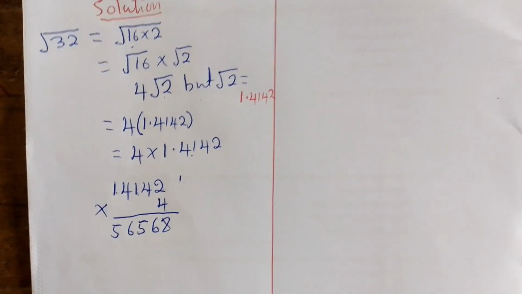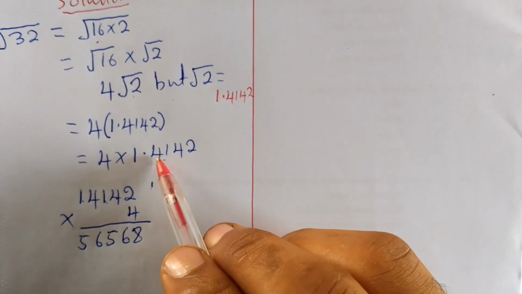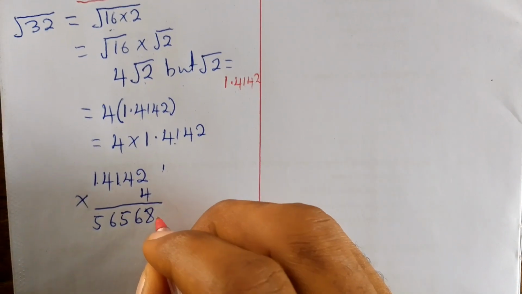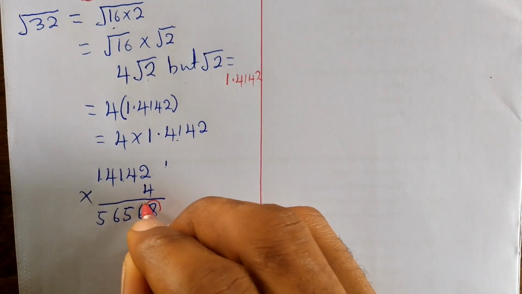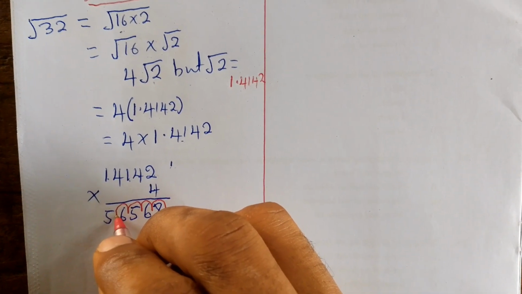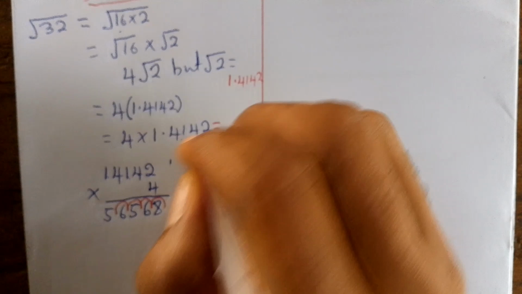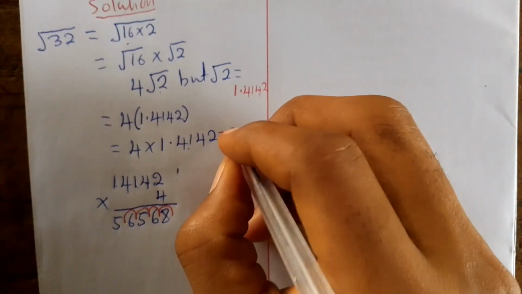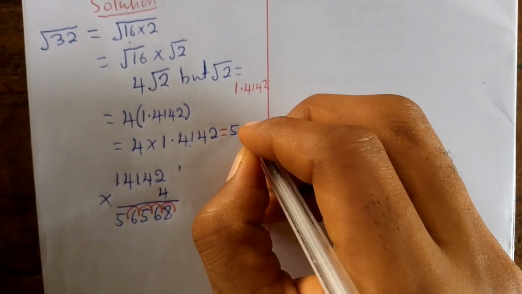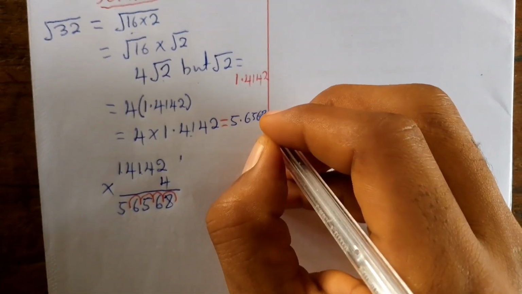Now you realize that after the decimal point, I am having 4 numbers or 4 places: 1, 2, 3, 4. So I will now move the point 1, 2, 3, 4. Then it means that my answer here will be 5.6568.